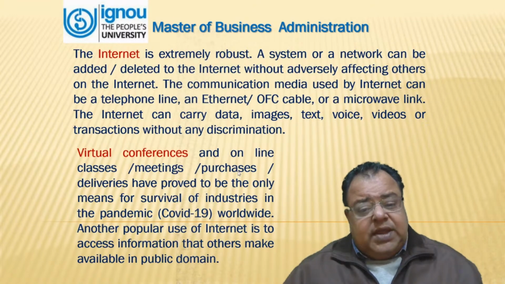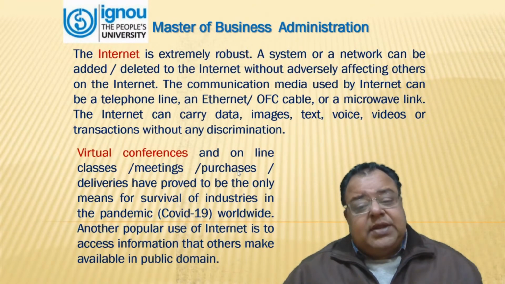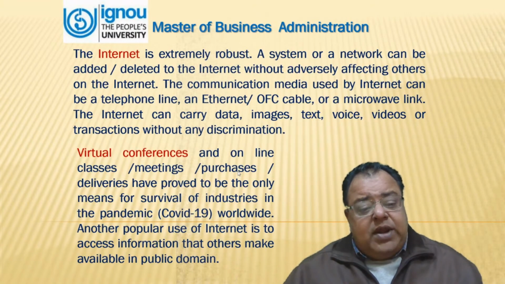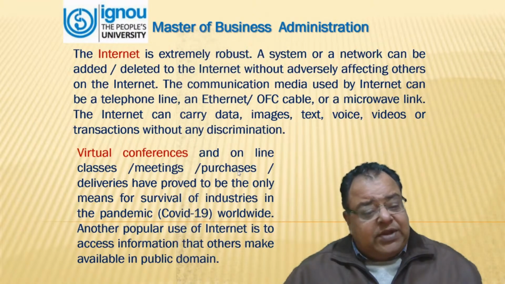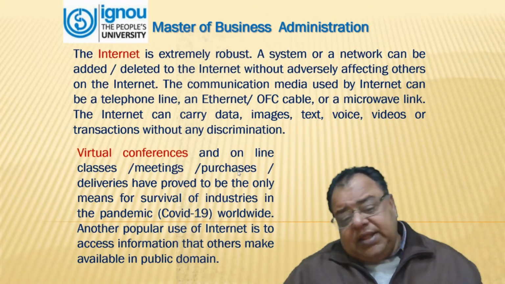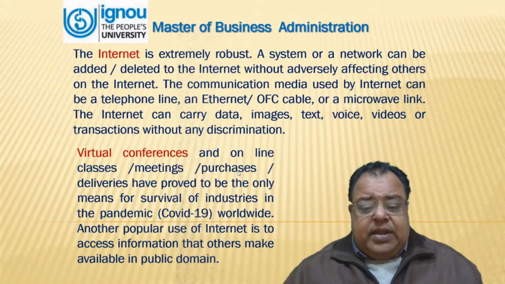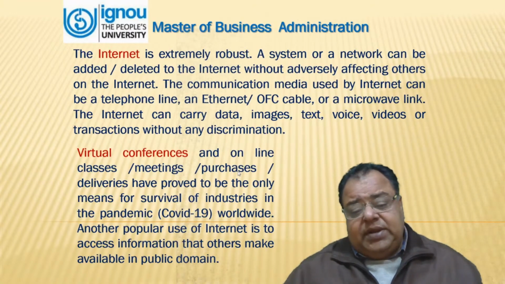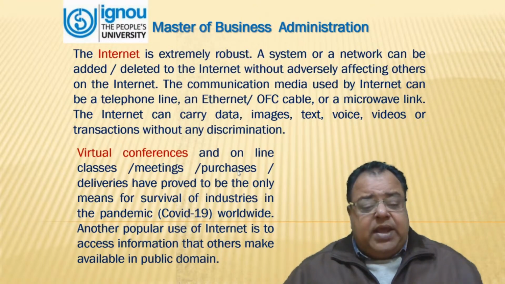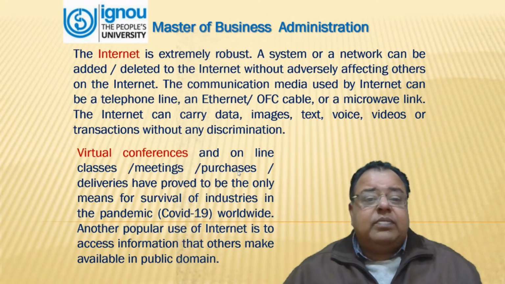Video conferences and online classes, meetings, purchases, and deliveries have proved to be the only means of survival for industries in the pandemic COVID-19 worldwide. Another popular use of the internet is to access information that others make available in the public domain.